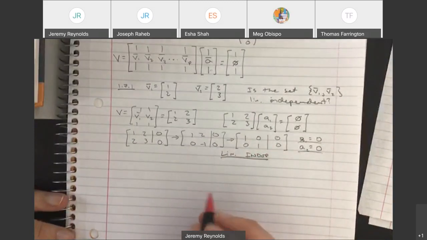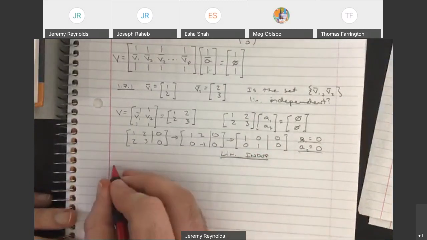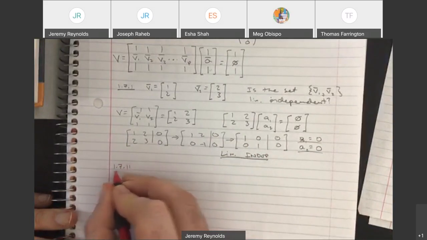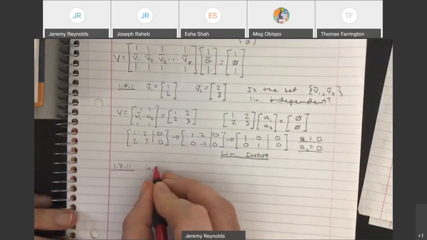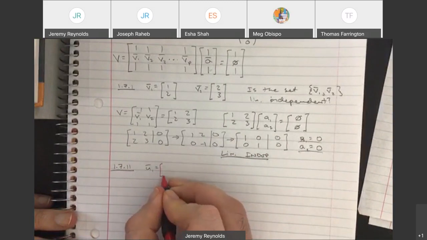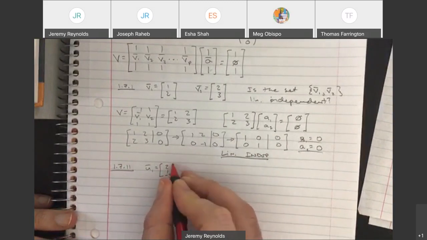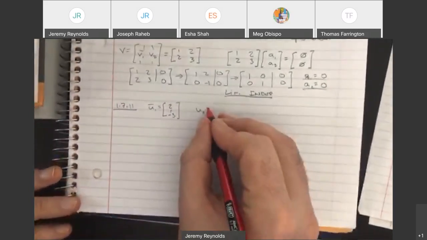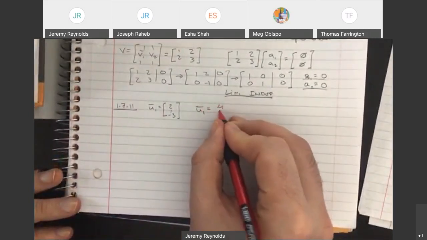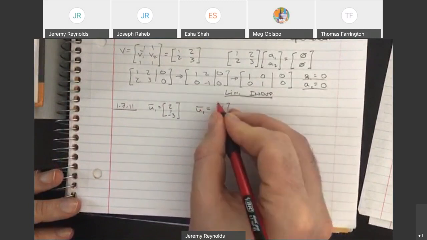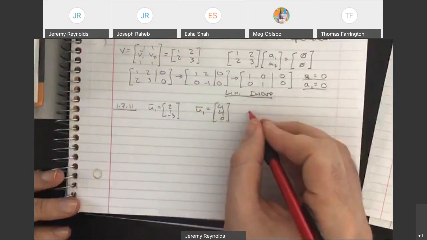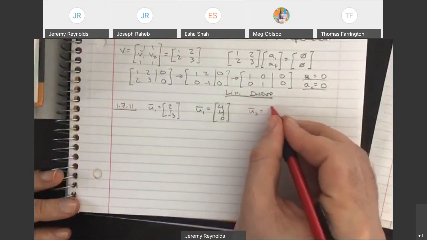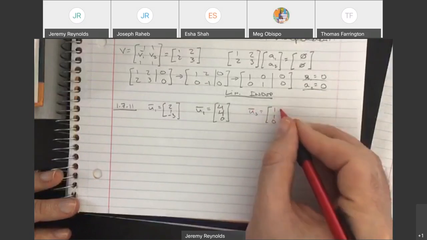Okay. Now another example. Let's do 1.7.11. So u1 equals 2, 1, -3. u2 equals 4, 4, 0. And u3 equals 1, 1, 0.